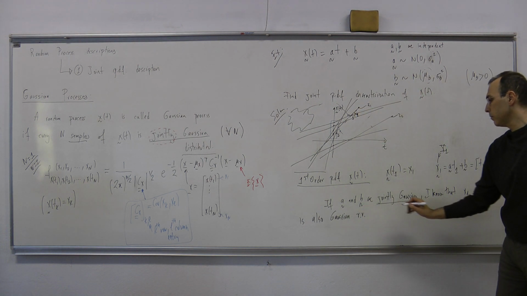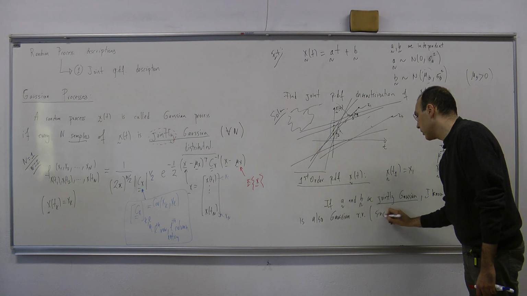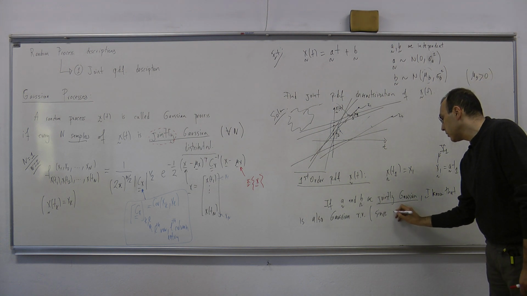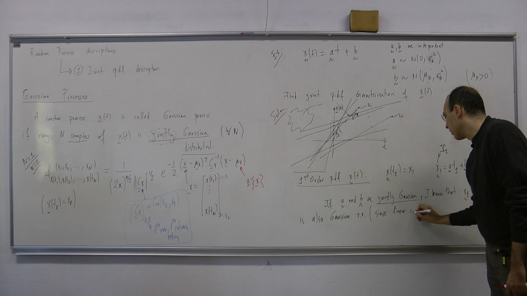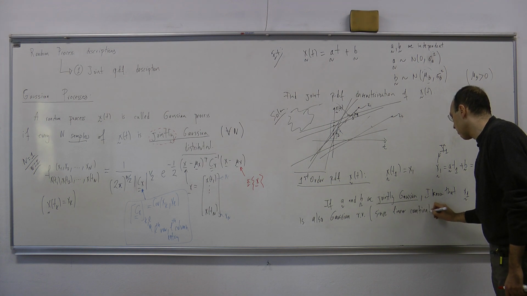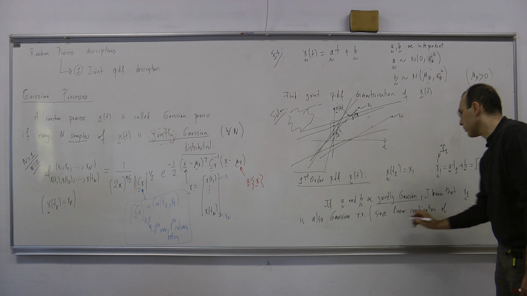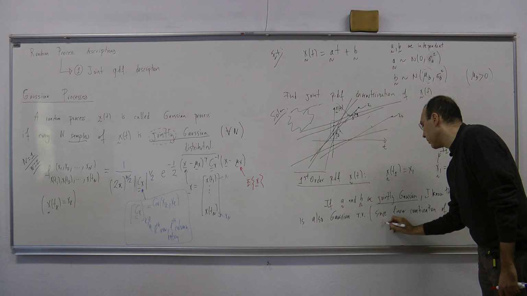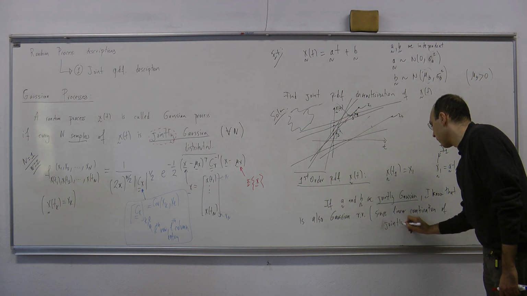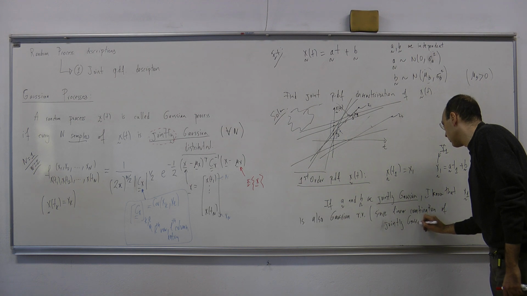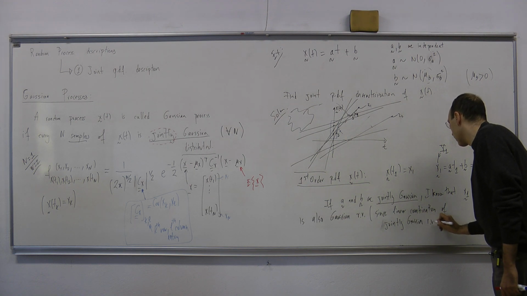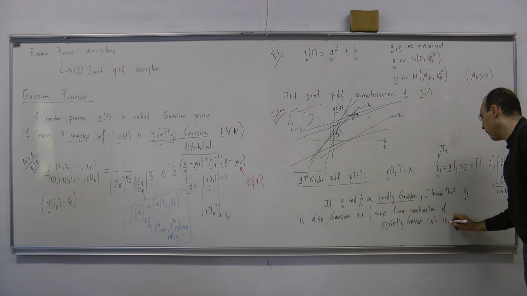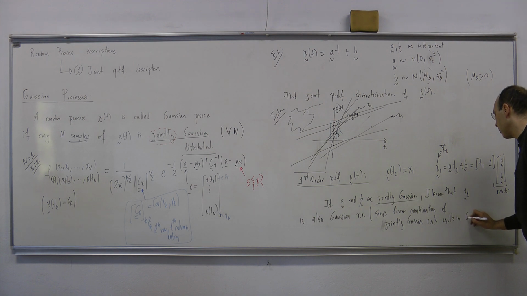Well, the reason is, let me write the reason, since we have studied this before as a fact: a linear combination of jointly Gaussian random variables results in Gaussian random variables.